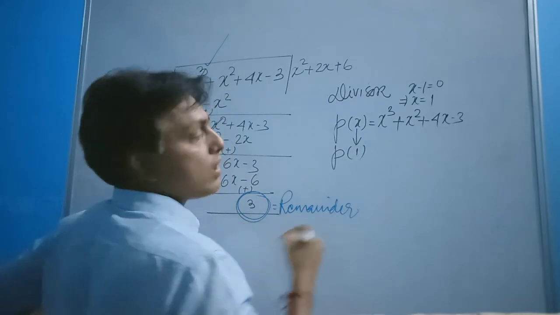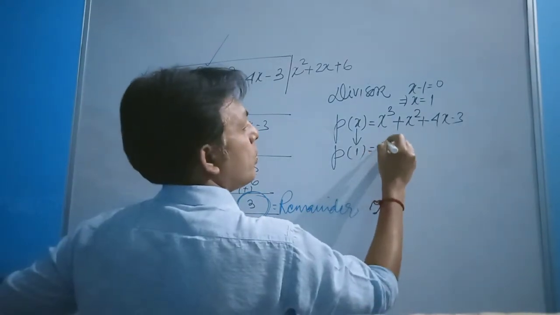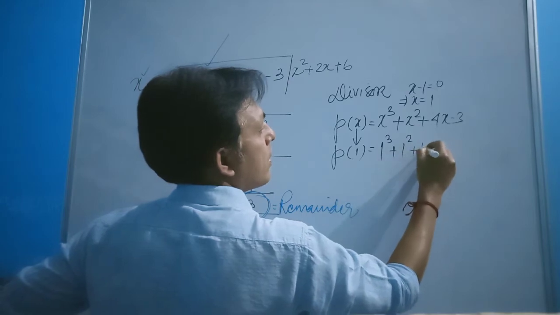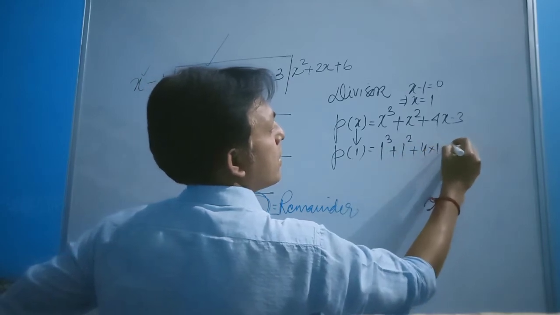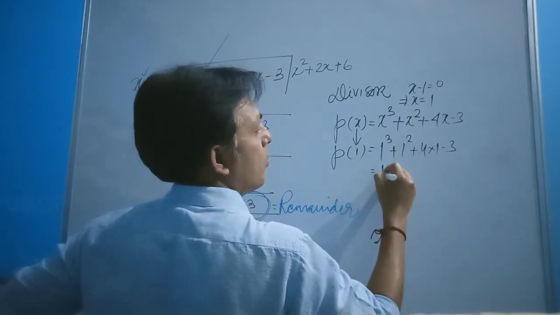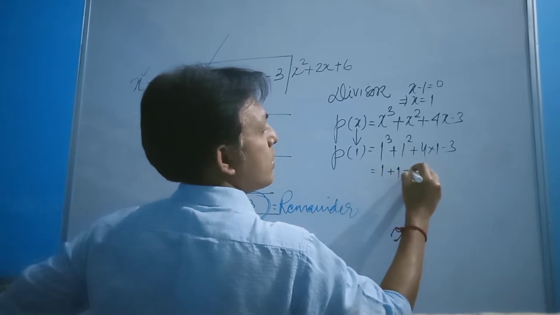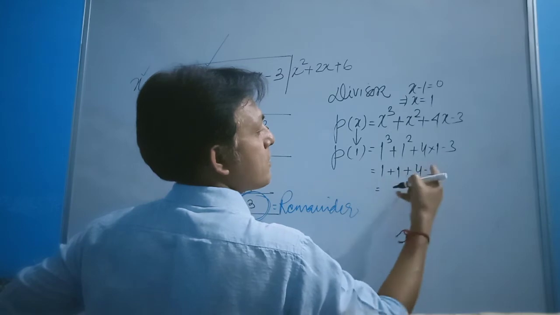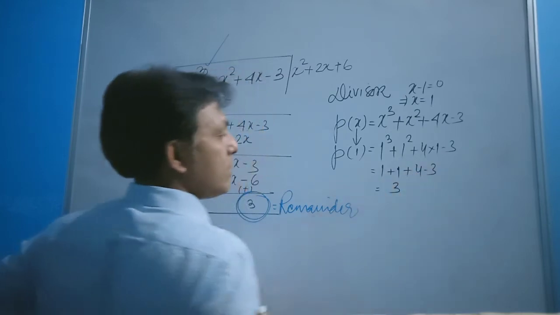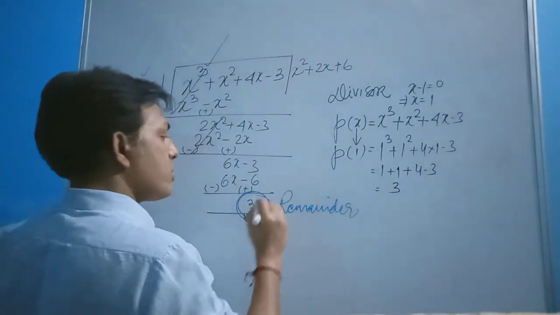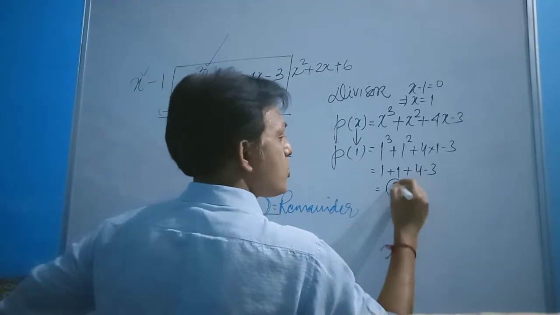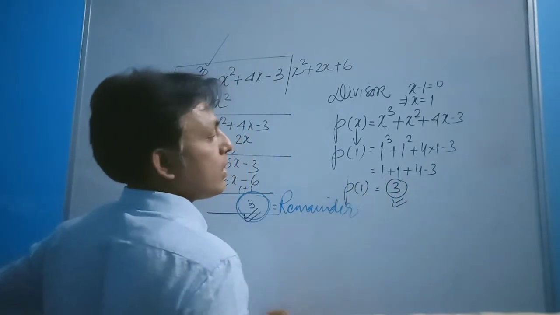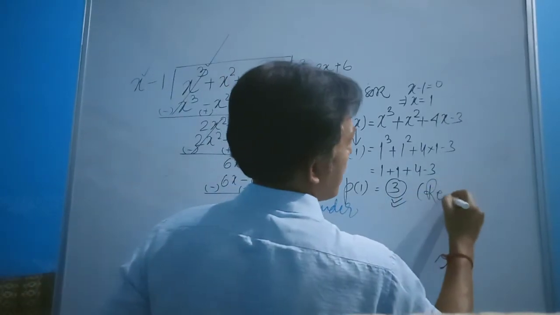So 1 cube plus 1 square plus 4 into 1 minus 3. 1 plus 1 plus 4 minus 3, 6 minus 3. This was the remainder. Here also we are getting the same number. So we got the remainder.